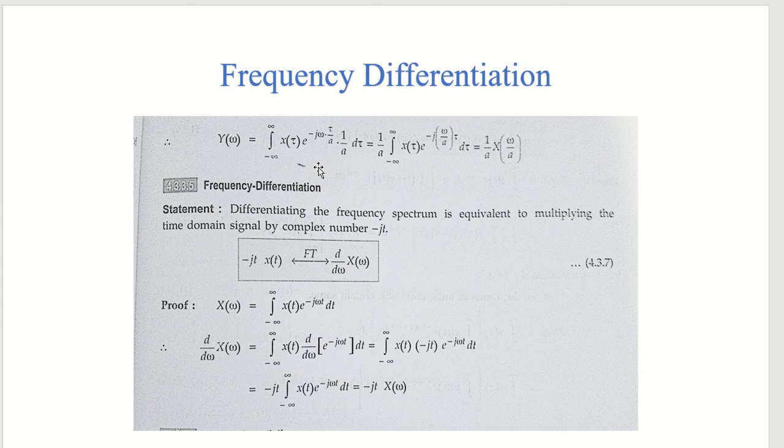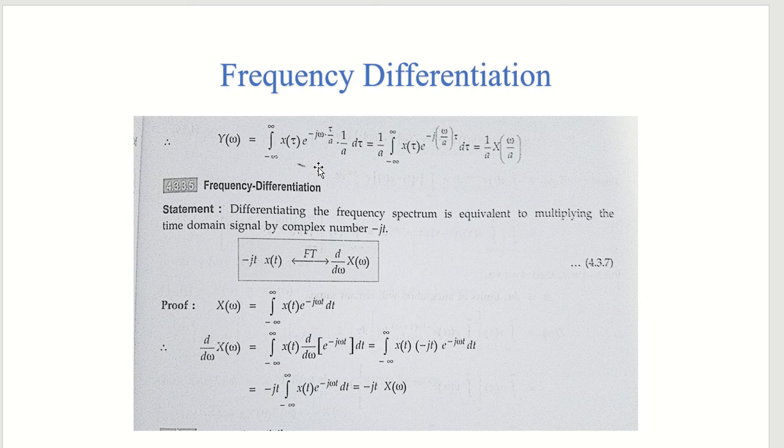When you take this 1 by a out of the integral, you will be left with the integral from minus infinity to infinity of x of tau e raised to minus j omega divided by a into tau d tau. So again this is the formula of X of omega by a, the Fourier transform. So by doing that we got our time scaling property.